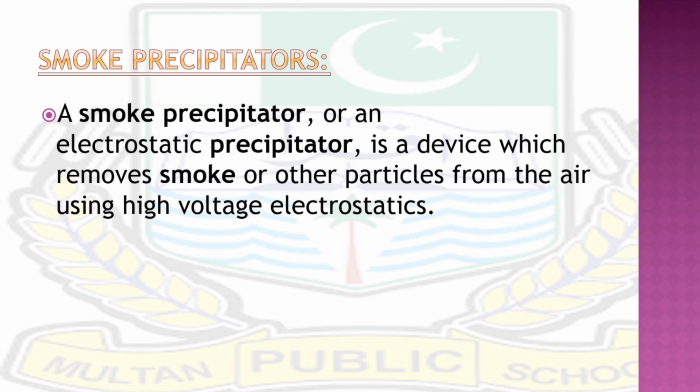Now we have to see the smoke precipitators. A smoke precipitator or an electrostatic precipitator is a device which removes smoke or other particles from the air using high voltage electrostatics.